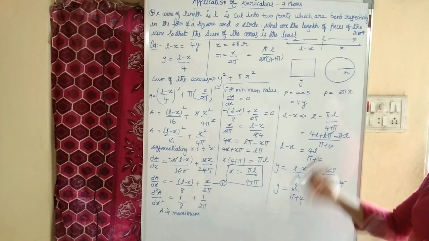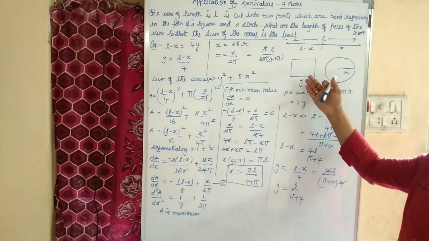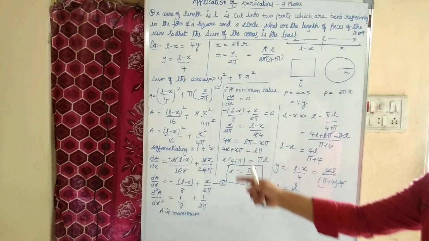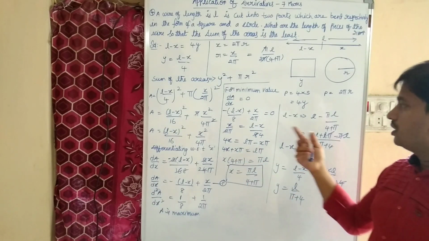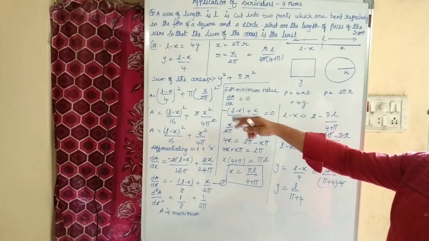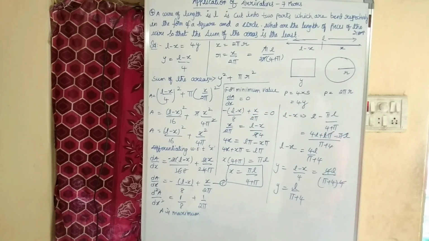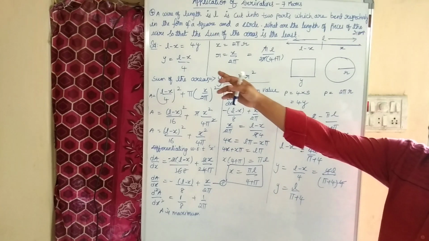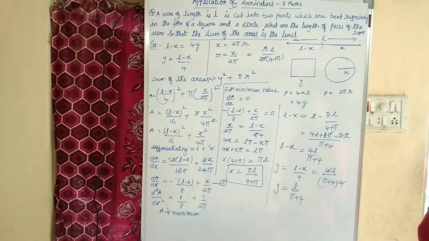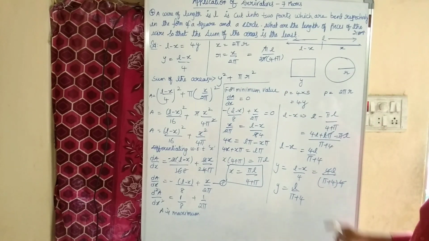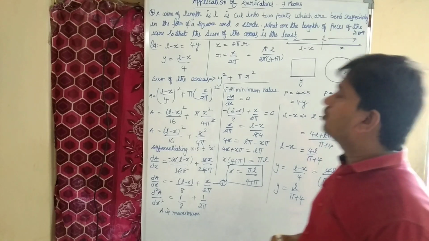They said the sum of the areas is the least. Area of the square is y square and the circle is pi r square. Then we got equation number 1, differentiation. Equation number 2, differentiation. For getting the minimum value, we equate equation number 1 equal to 0. We got the value of x. Then we found the value of y, so y equal to (L minus x) by 4, and the r value we found is L by 2 into (4 plus pi).